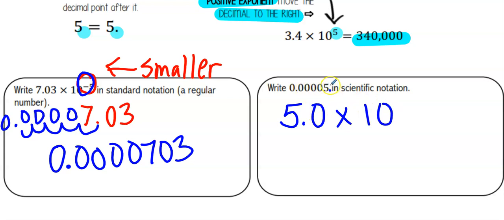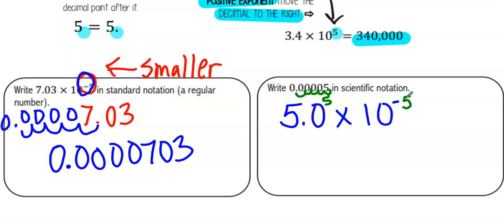Okay, this is a really small number, so it's going to be a negative exponent. And now I just count the number of places I move the decimal. To get it back to where it was, I would move it 1, 2, 3, 4, 5 places. So this is going to be 5.0 times 10 to the negative fifth power.